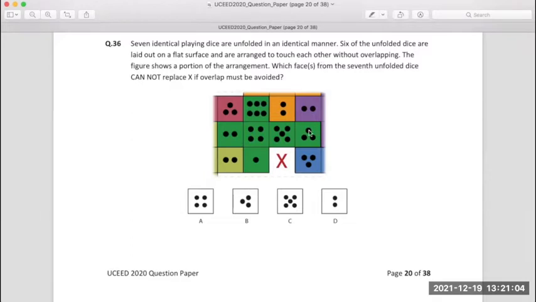Now, without any overlapping happening, which faces of the seventh unfolded dice, which is happening here, in the cross system, cannot be placed here if I want to avoid overlap with all the other dice? Remember, there are two or more options possible.